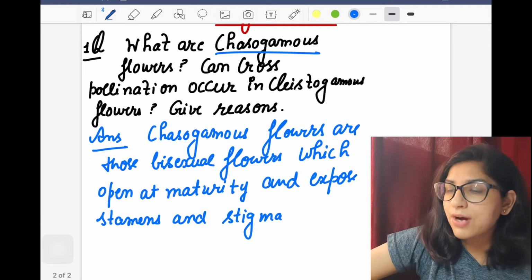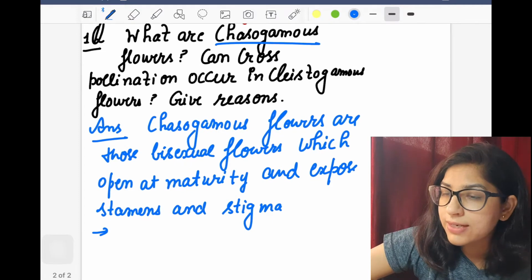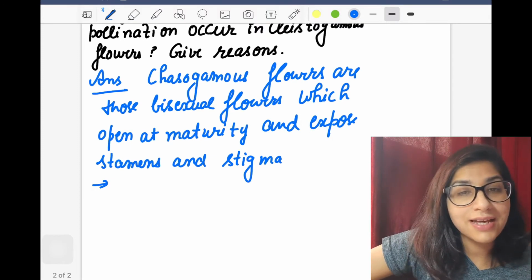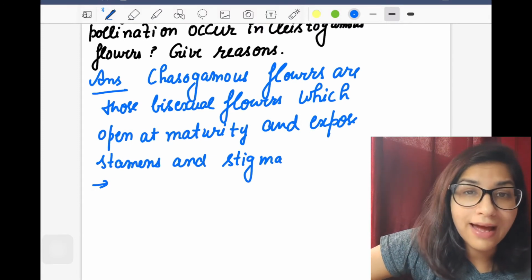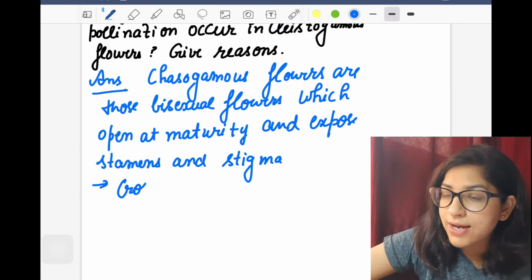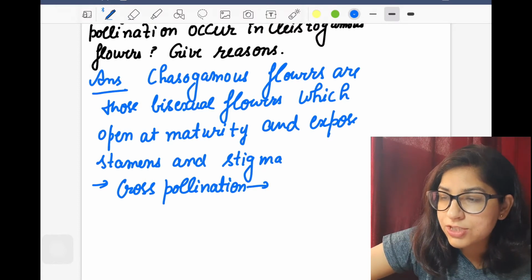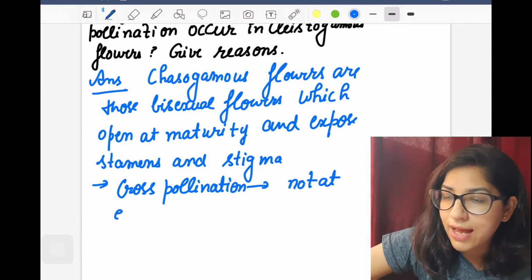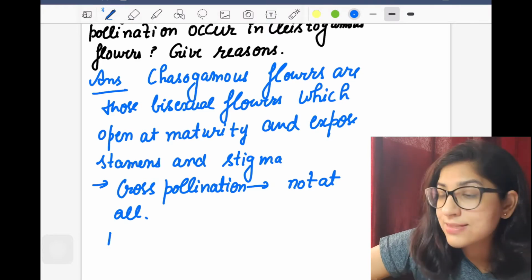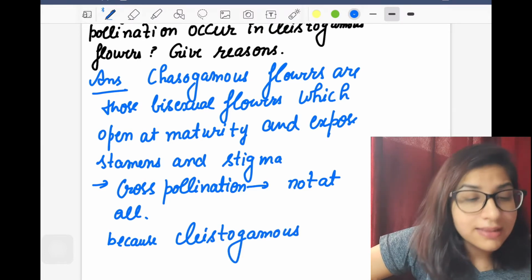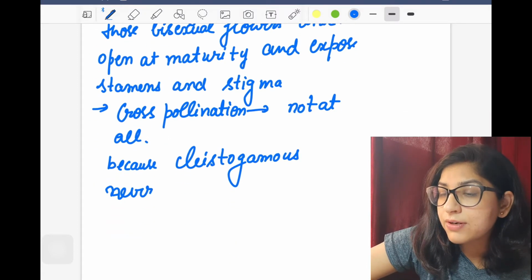So our first thing is complete. The second thing they have asked is: can cross pollination occur in Cleistogamous flowers? Cleistogamous flowers do not open at all, right? So your answer will be very clear: cross pollination in Cleistogamous flowers, not at all. But why? The reason is that Cleistogamous flowers never open at all.